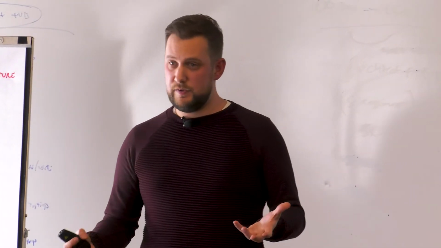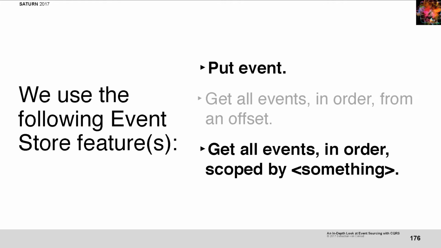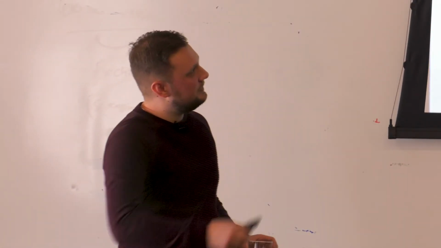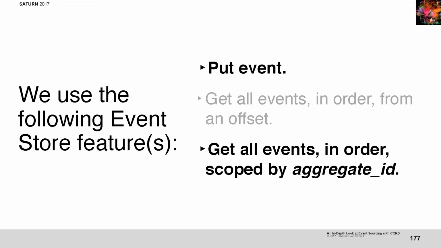If it isn't, if we have the funds, then we issue another event of the funds withdrawn type of the amount that we just withdrew and return true. So what we're doing here on the aggregate side in the command handler is we get all of the events in order scoped by something, and then we put events. And now that we've gone through this exercise, we know what the something is, and that's the aggregate ID.